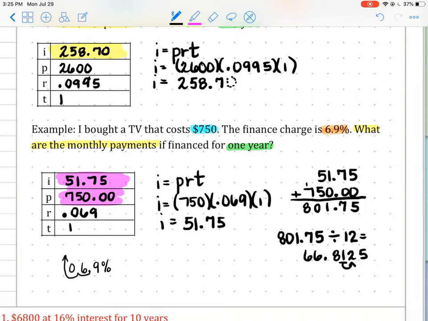So we're going to say about $66.81 per month. So if you are looking to buy something on credit, this is a good skill to know.